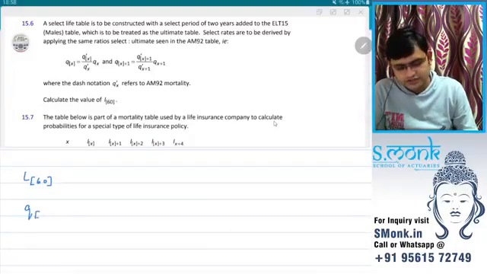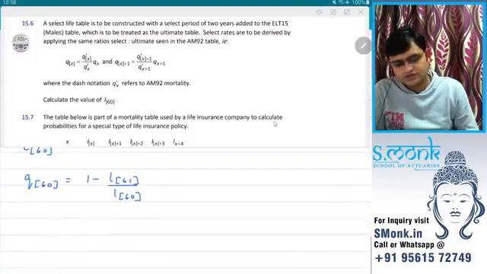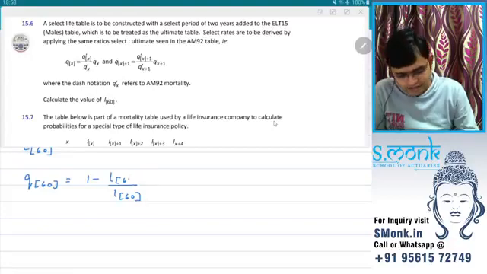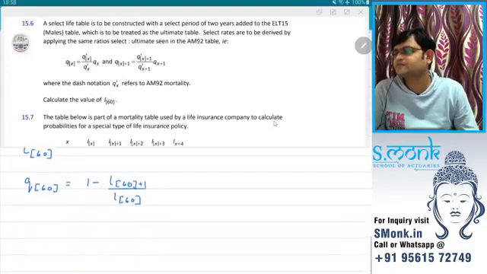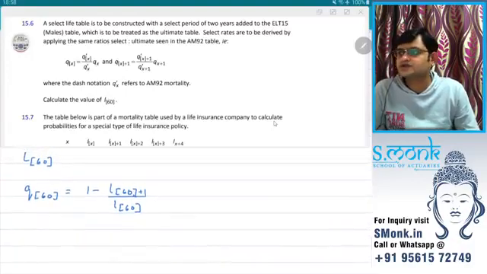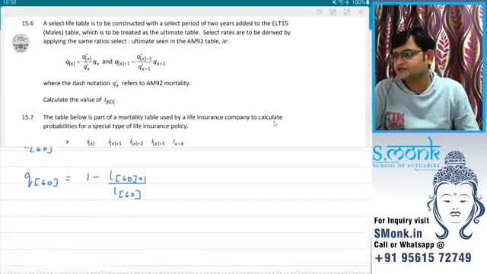Q select 60 we know is 1 minus L select 61 upon L select 60. So we'll get L select 60 if we are able to calculate L select 60 plus 1, right? Because the selection is done at age 60.